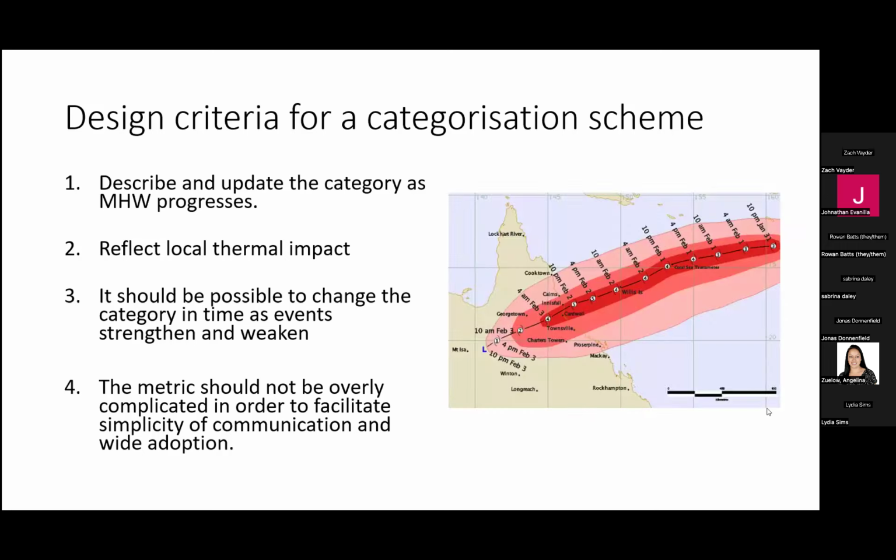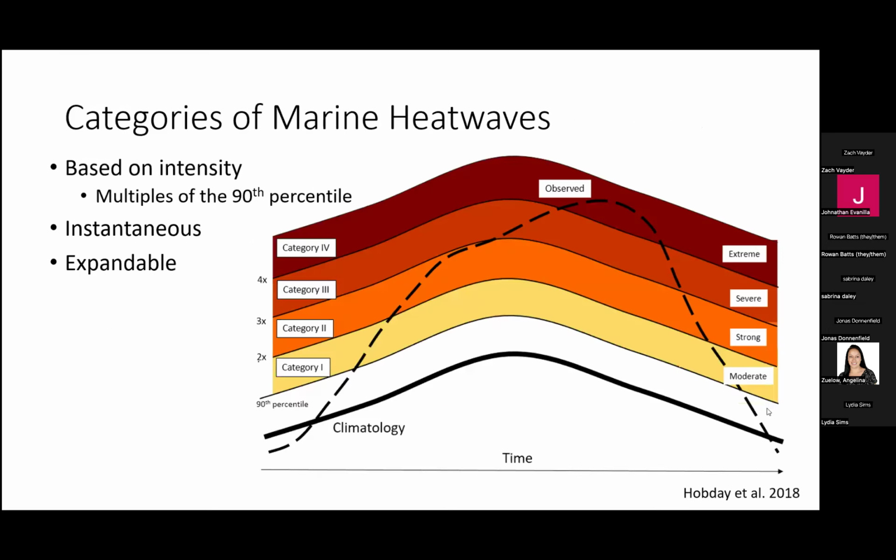And so just as cyclones or hurricanes have a category scale that can be instantaneously reported. In this case, my storm began as category 3, intensified to category 4, then went to category 5, then relaxed back to category 2 and 1. That was a really nice model that we adopted. And so the categories of marine heat waves that we suggest, based on the definition in the 2016 paper, would just be based on multiples of the 90th percentile.